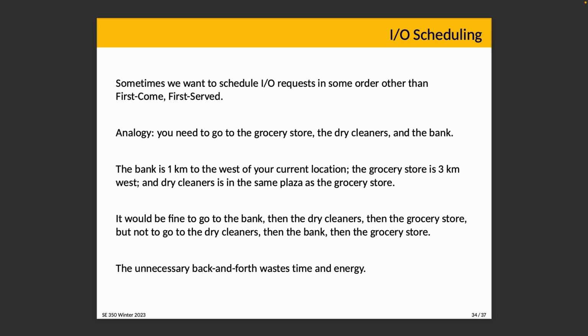Because if the bank is 1 kilometer to the west of your current location, the grocery store is 3 kilometers west, and the dry cleaner is at the same location as the grocery store, it's fine if you go to the bank, then the dry cleaners, and the grocery store, but it's not sensible to go to the dry cleaners, then go to the bank, then go to the grocery store, because you have a bunch of unnecessary back and forth, right? While you're in the same plaza, you want to do the 2 chores that you need to do while you're there, otherwise you're just wasting time. It's not as efficient as it could be.